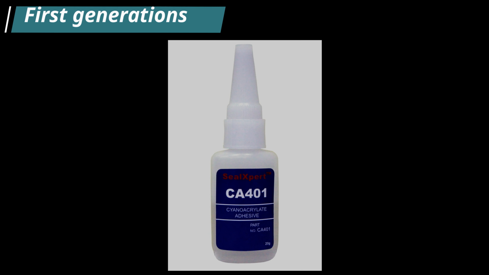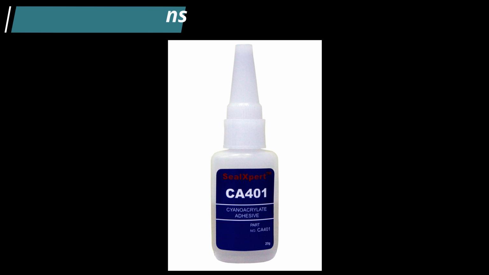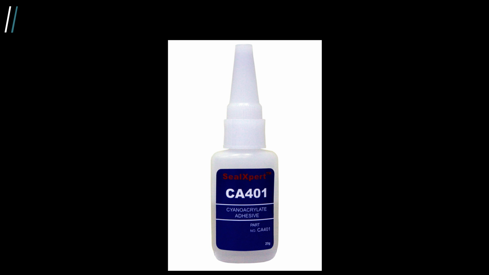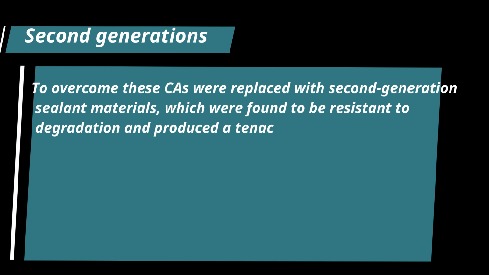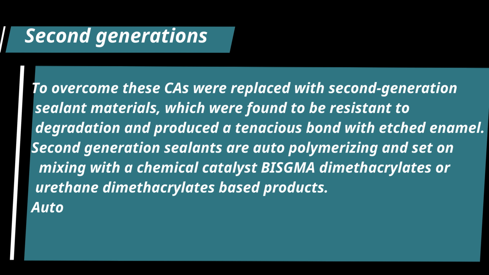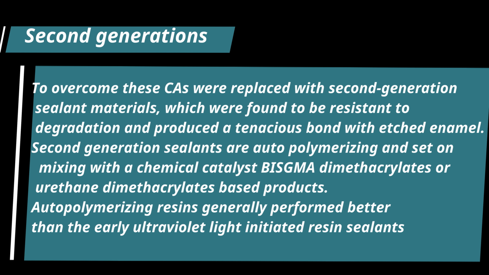It was later replaced with other dental materials such as bis-GMA dimethacrylate, and now second generation sealants. To overcome the cyanoacrylates, it was replaced with second generation sealant material which were found to be resistant to degradation and produced a tenacious bond with etched enamel.